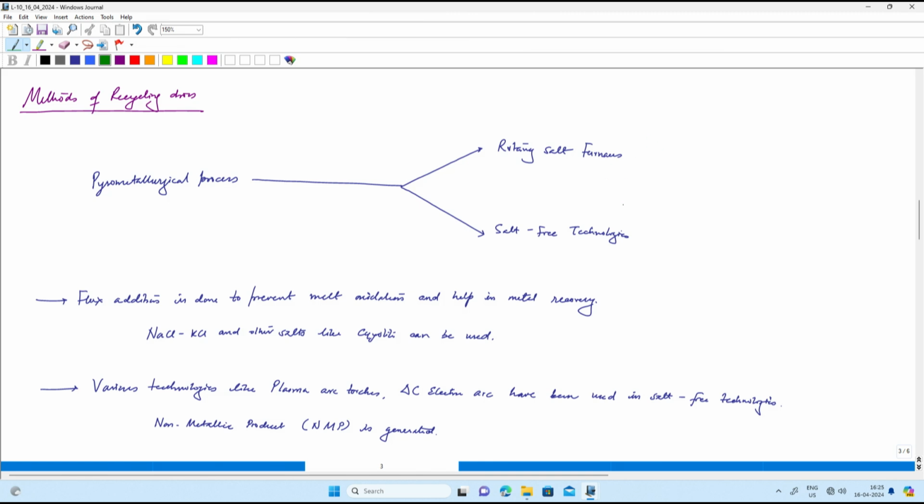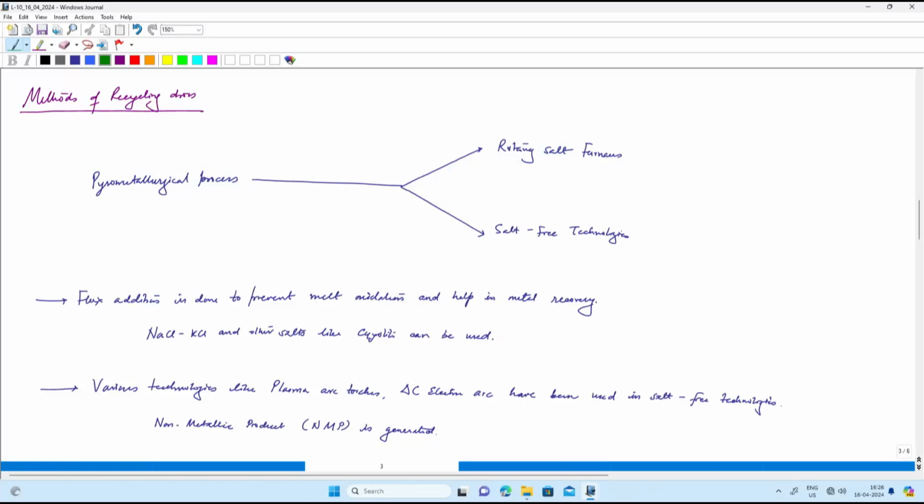So what exactly is the difference in these two routes? Rotary salt furnaces, as the name suggests, use a furnace that can rotate and has the provision of salt addition as fluxes. So fluxes will generate different salt cakes, as we have already discussed previously in the lecture today.